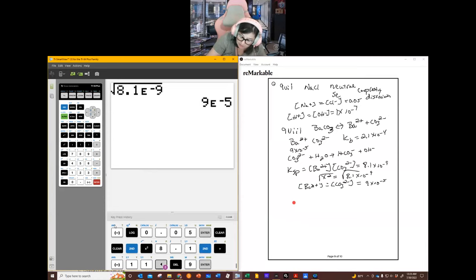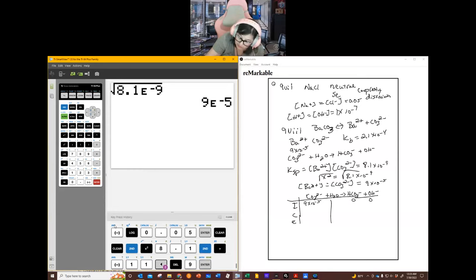And so when I'm looking at my ICE table, for CO3 2 minus plus H2O going to HCO3 minus plus OH minus, my CO3 2 minus is 9 times 10 to the minus 5th. We ignore this.